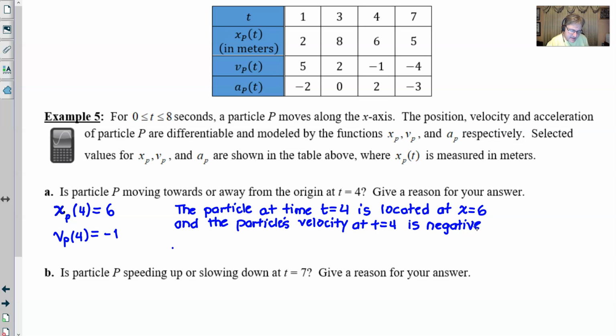That would likely be enough, but if you want to add a little bit more, and is therefore moving left.